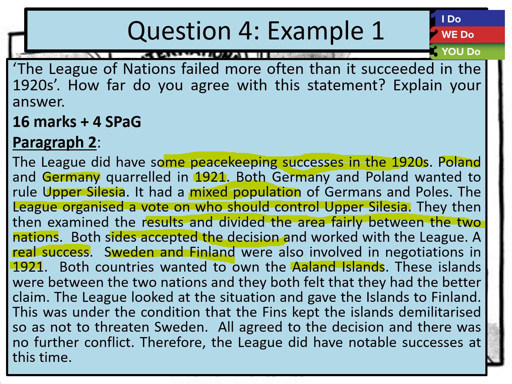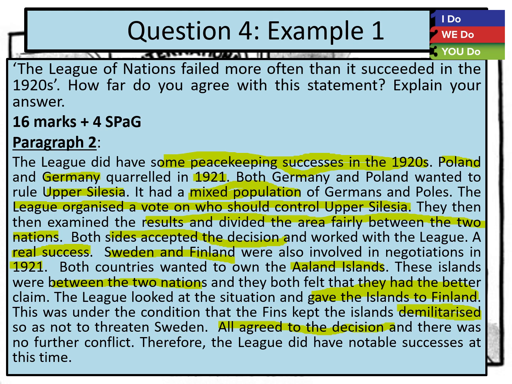These islands were between the two nations, and they both felt that they had the better claim. The League looked at the situation and gave the islands to Finland. So they examined all the historic evidence and they decided that Finland had a better claim. This was under the condition that the Finns kept the islands demilitarised. So the only reason they were allowed to keep it is if they kept it as not a threat to Sweden. All agreed to the decision and there was no further conflict.